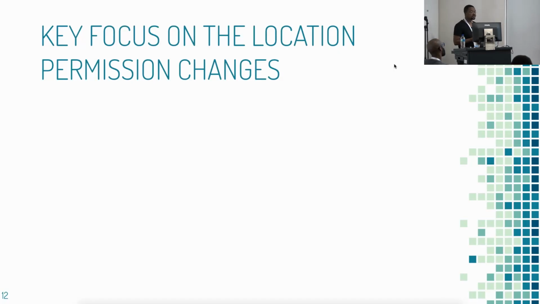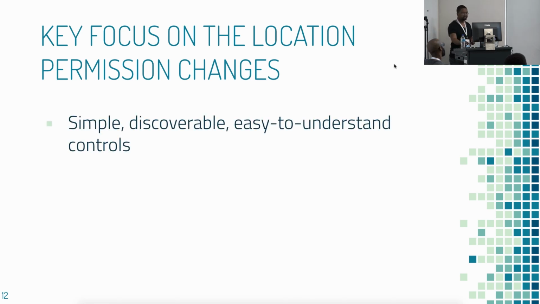The key focus on location permission changes within Android 10 is that they basically said, as a user, you want to be in control of the data you share, because data is important. The whole premise of it, like I said, is privacy and security. You want to be in control of the location you share with apps when it makes sense.